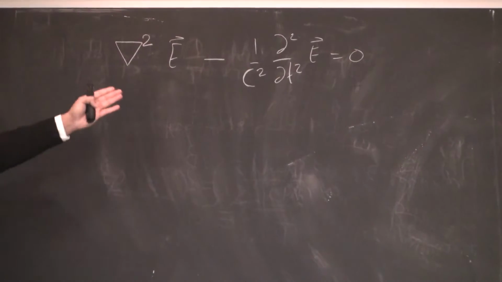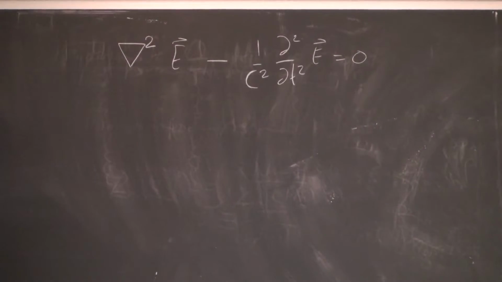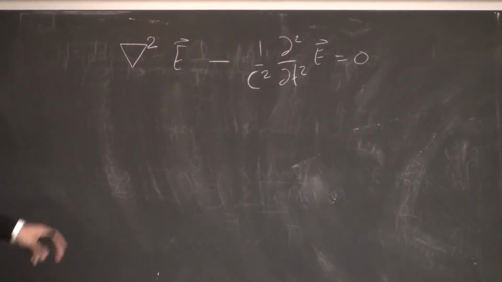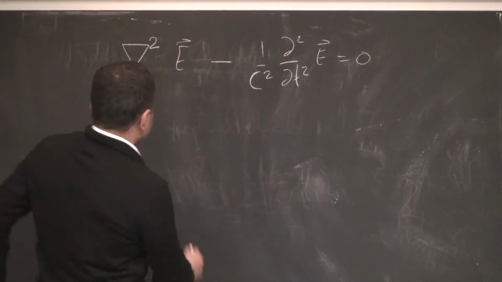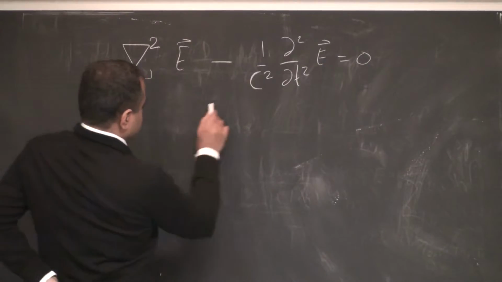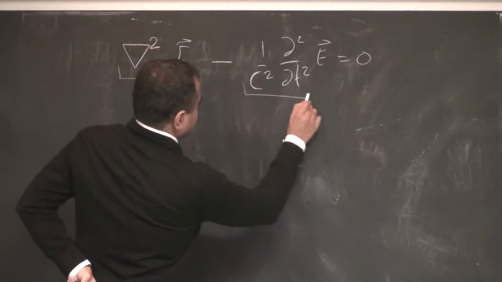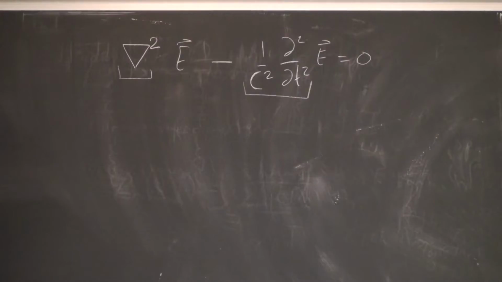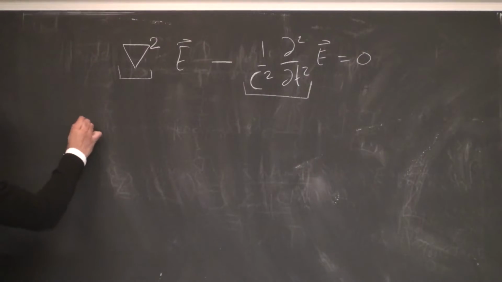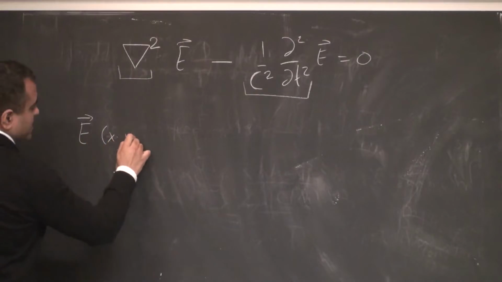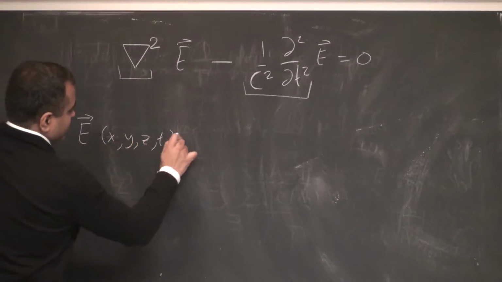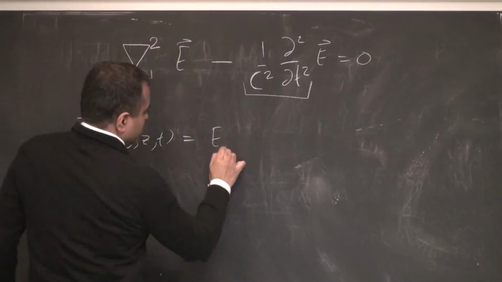So this is for a region where there are no source terms, for an electric field, and there is a similar equation for a magnetic field. You have a spatial Laplacian, or a double derivative, and you have a temporal double derivative. And in general, for wave equations, we can write the field as a function of space and time as an amplitude.